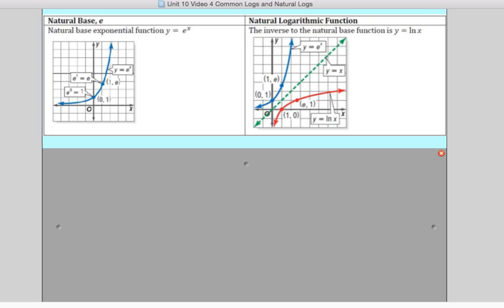All right, so natural base e. We have e to the x. It's an exponential function, and it goes through the ordered pair (0, 1), and when you plug in 1, it'd be e. The rule with our natural log is, if I had y equals e to the x and I wanted to find the inverse, in order to get rid of e, I would take natural log on both sides, and I'm going to solve for x.